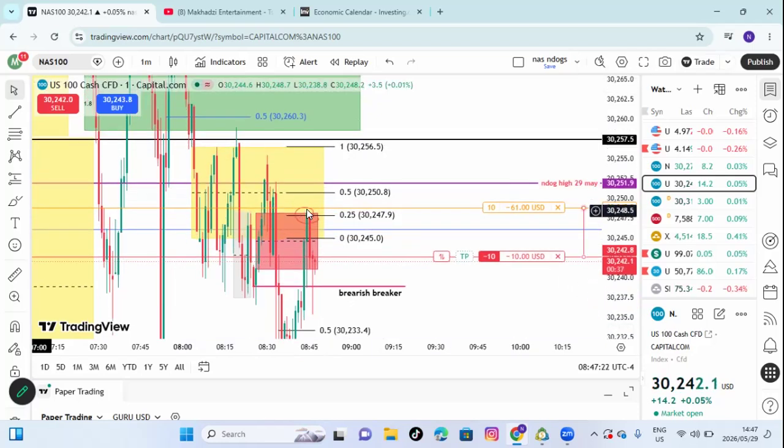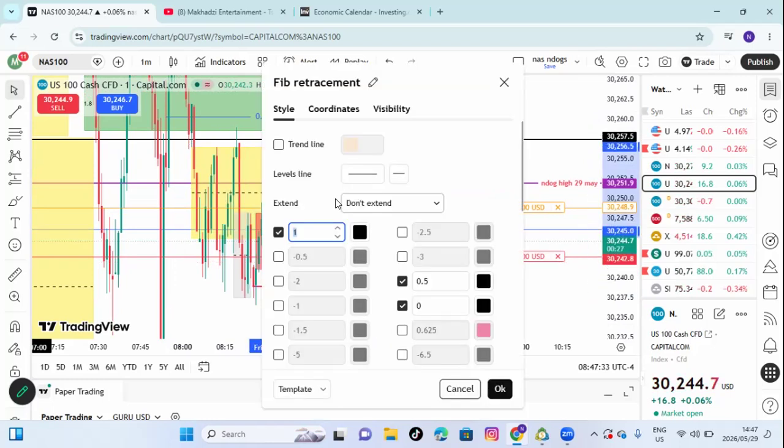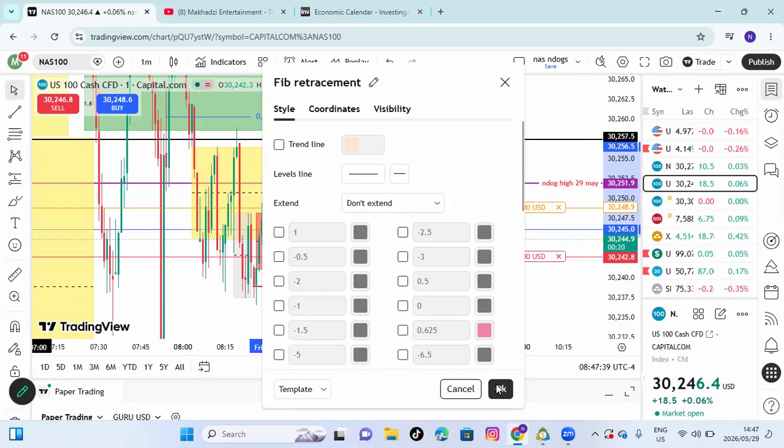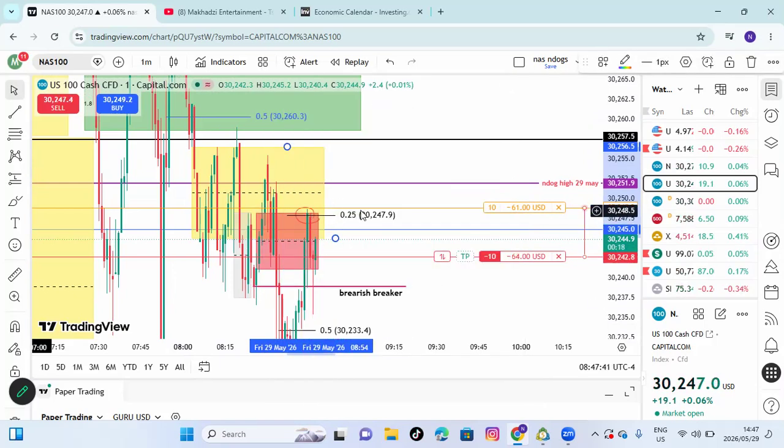And you see my stops right there. It's not there, somewhere here, here, or here. It's right there. Because if it goes up and takes me out, I'm wrong. That's okay. So I'm gonna take 0.5. I'm gonna take 0 off. The only level I'm leaving is the 0.25 level there, right?